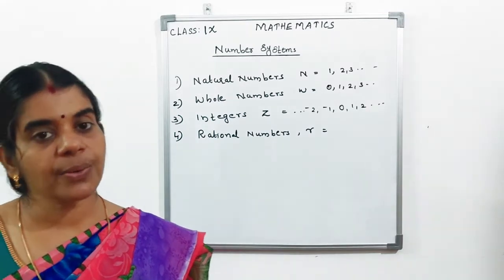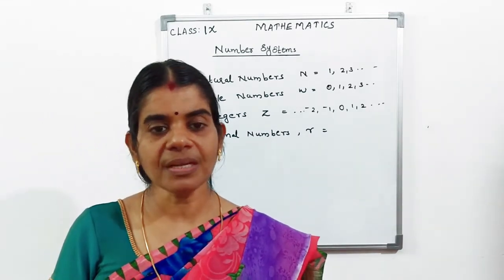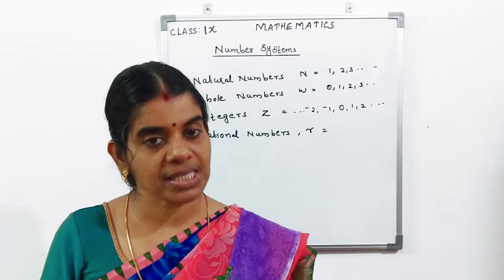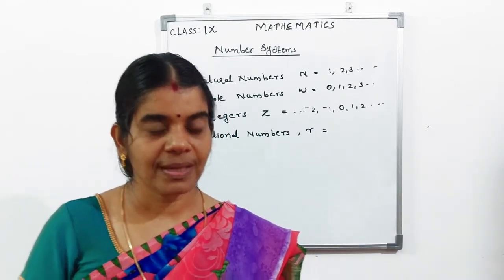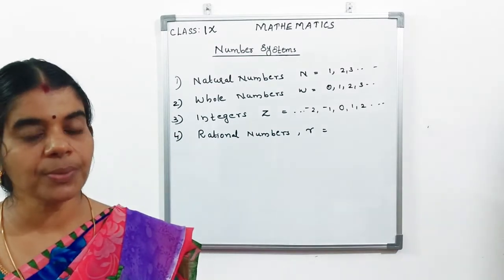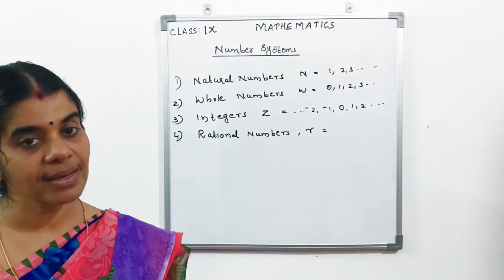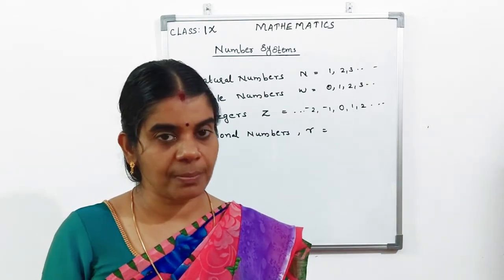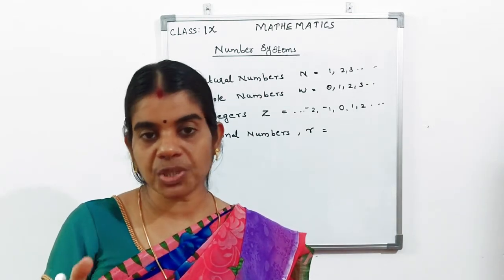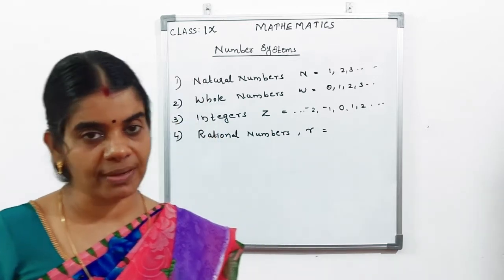Then, is 0 a rational number? Surely, 0 is a rational number because we can write it as 0 by 1. Then it will be in the form p by q. So, 0 is a rational number. When we consider rational numbers, if you write 2, we can write that as 2 by 1.